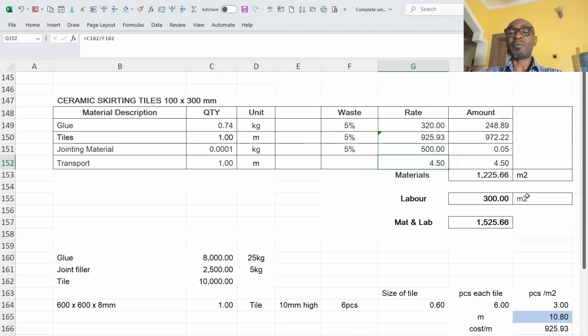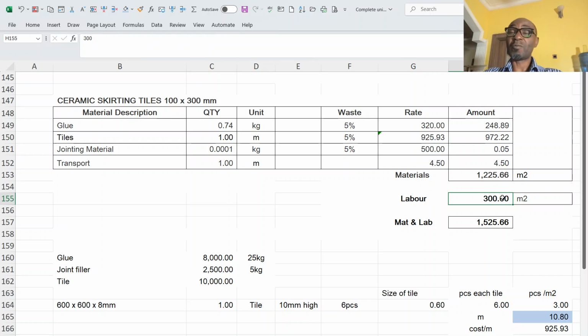So if you now sum up your total amount for all of this, you are going to get 225 naira 0.66 kobo for material. The labor is not constant, depending on your bargaining power.